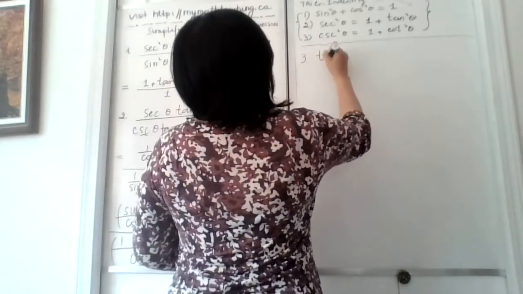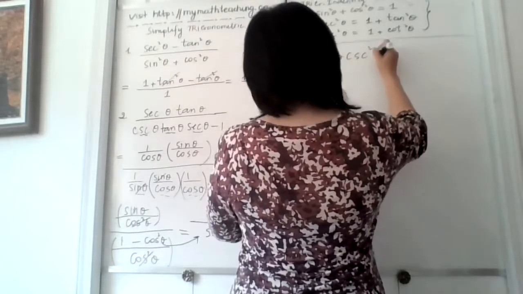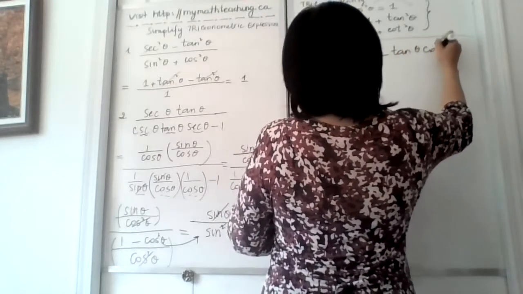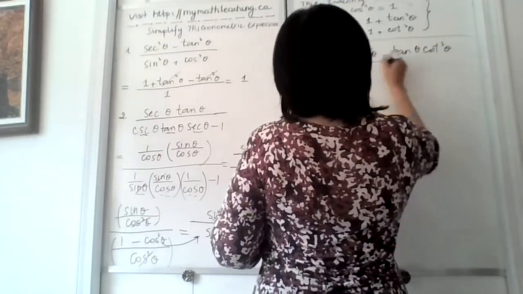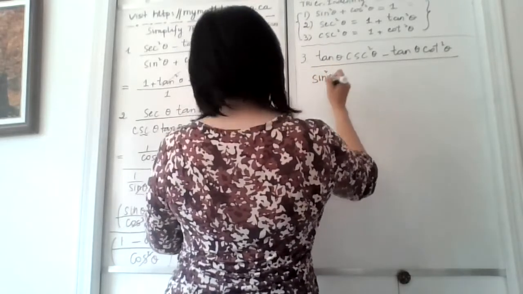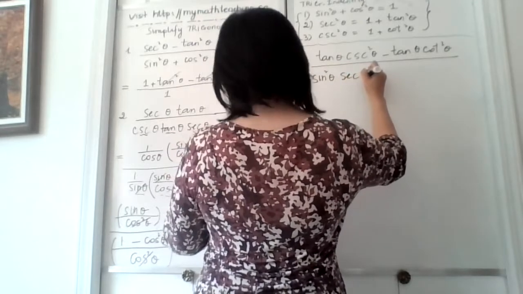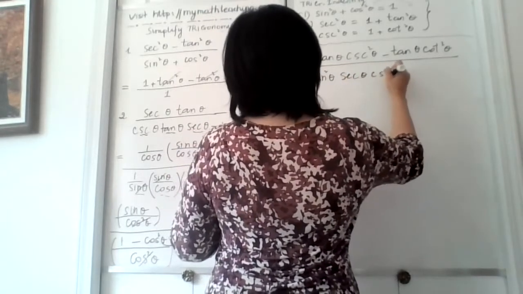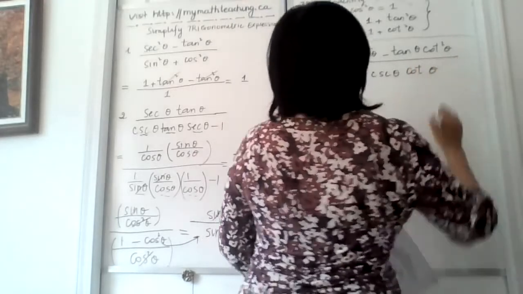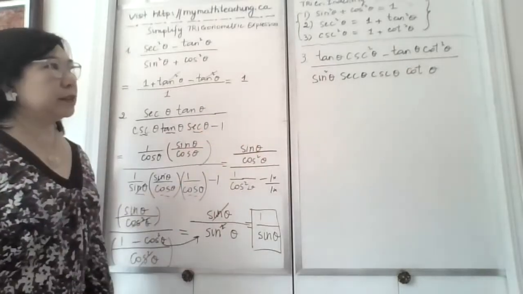So I will have tan theta cosecant square theta minus tan theta cos square theta, all of this over sine square theta times secant theta times cosecant theta and cot theta. So let's see how we're going to simplify this complicated expression.